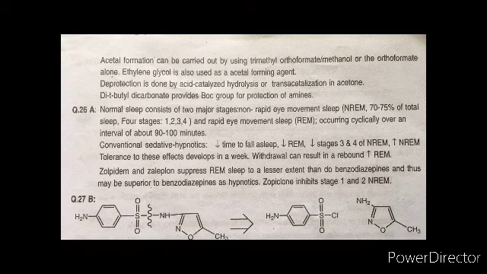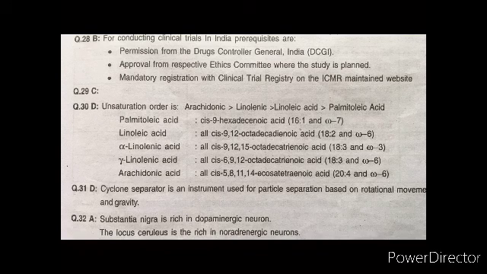Now the next question is about the clinical trial registry. The question is, the clinical trial registry in India is maintained by, options are World Health Organization Delhi, or ICMR Delhi, or Institute of Clinical Research New Delhi, or Central Drugs Standard Control Organization New Delhi.